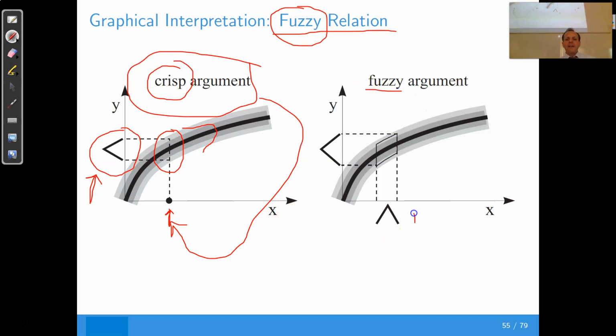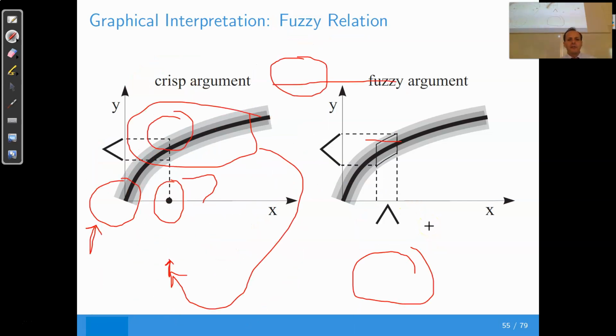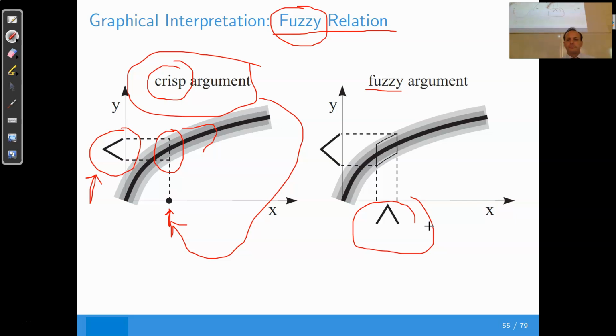When we have a fuzzy argument, the fuzzy argument is what we have as an interpretation of the concept of A applied to the relation, if you remember. We discussed what this means. So when A is applied to the relation, this is the interpretation of a fuzzy relation.